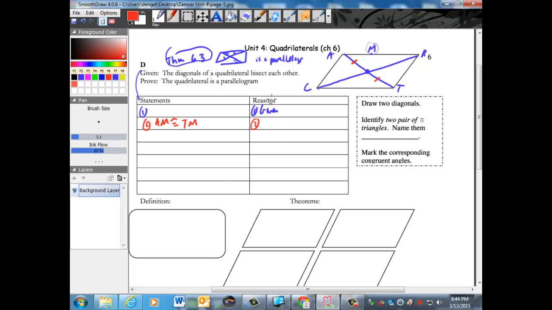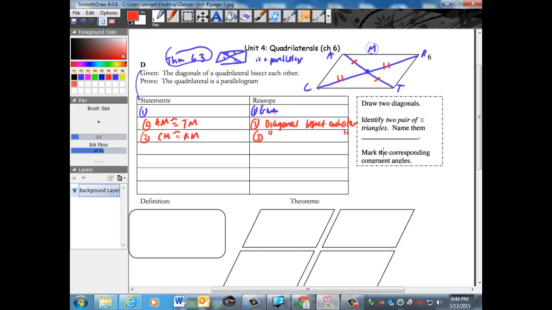And that's going to be because we were told that diagonals bisect each other. All right, and then we can also say that CM is congruent and equal to RM. And that's the same reason that we used here.